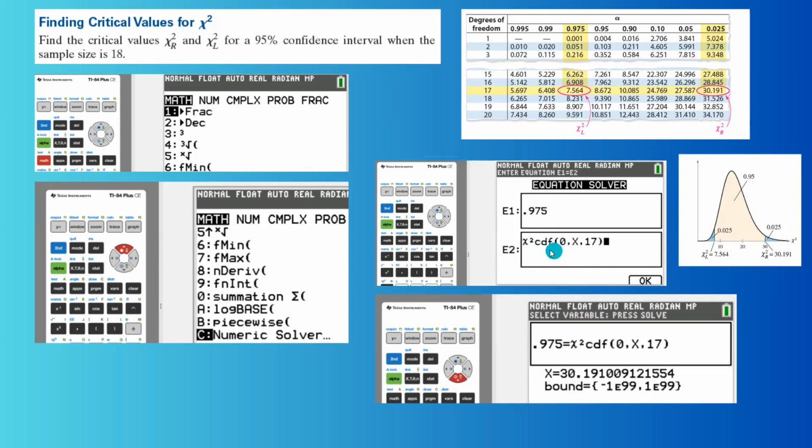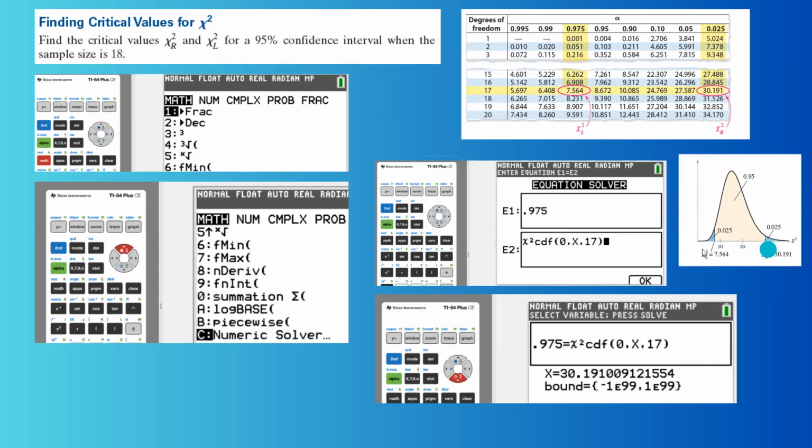So what are we looking for? We're looking for the X value that helps us set the area on the left equal to the area on the right-hand side. So this is the total area that you have, which is 97.5%. And you're going to set on the right-hand side chi-squared CDF of 0 to X and 17.